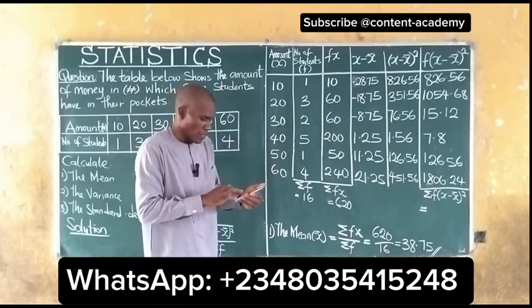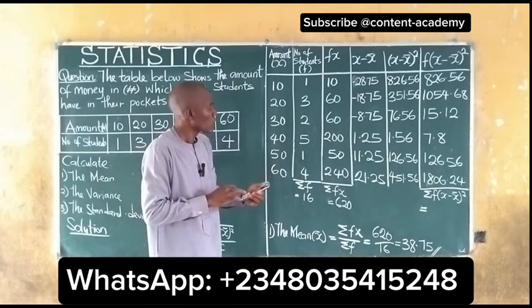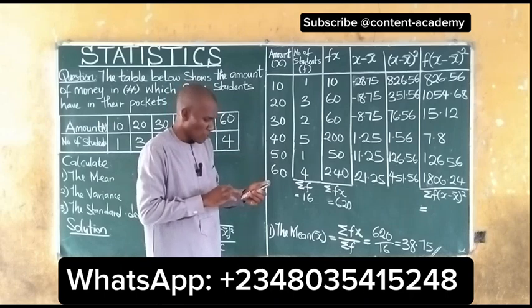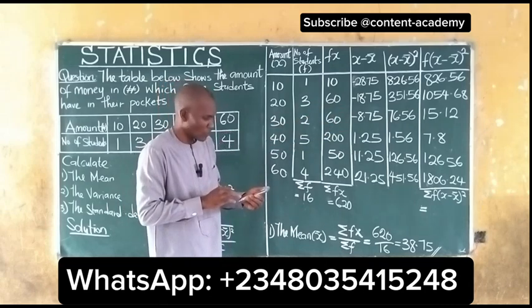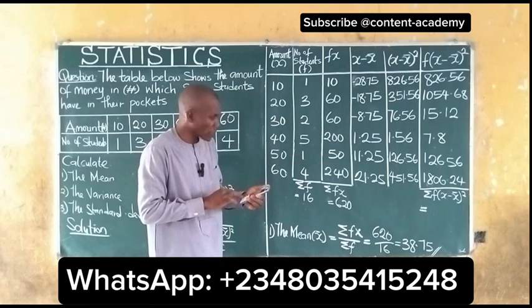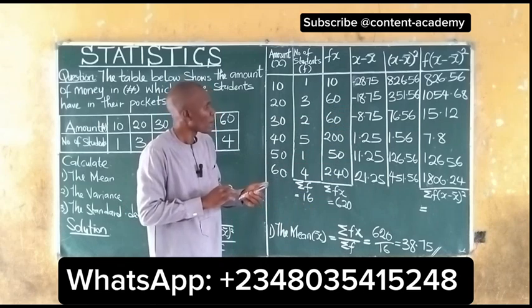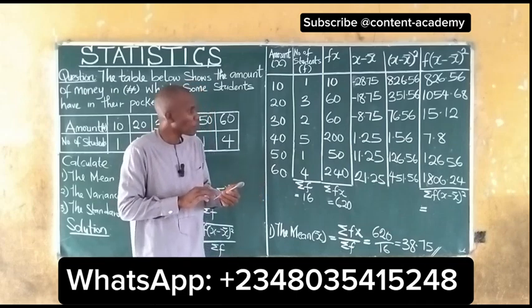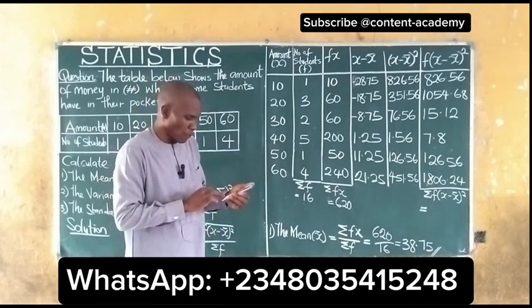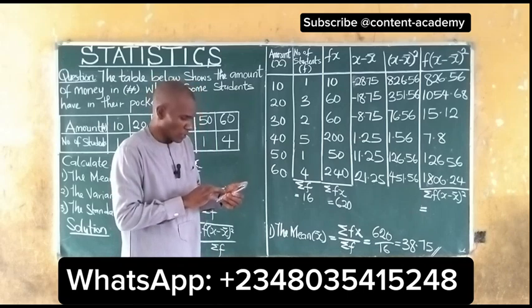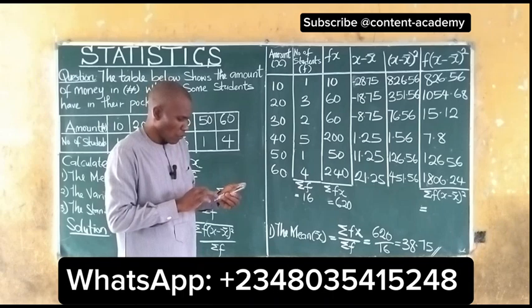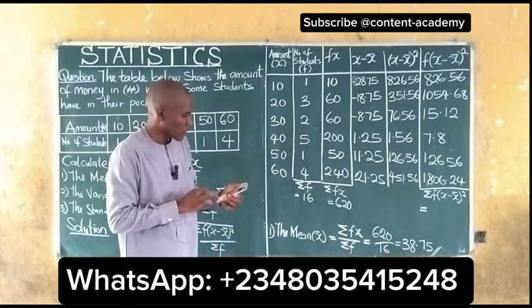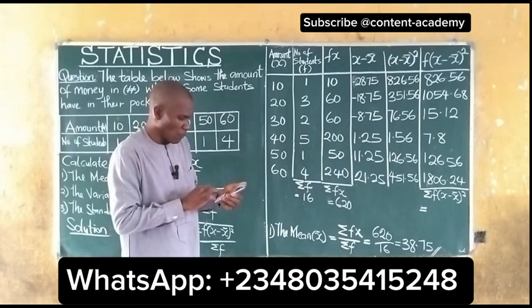Now we have 826.56. We are now adding the whole of that. 826.56 plus 1054.68 plus 15.12 plus 7.8 plus 126.56 plus 1806.24.